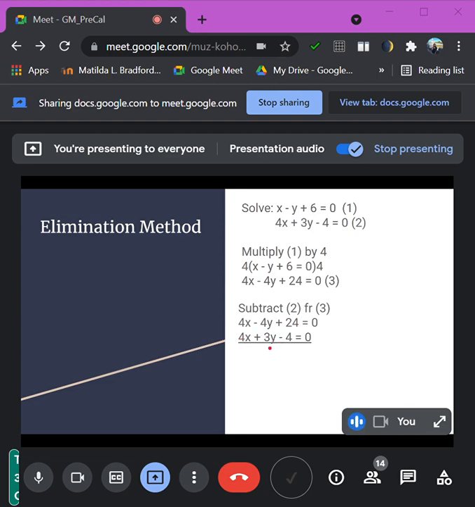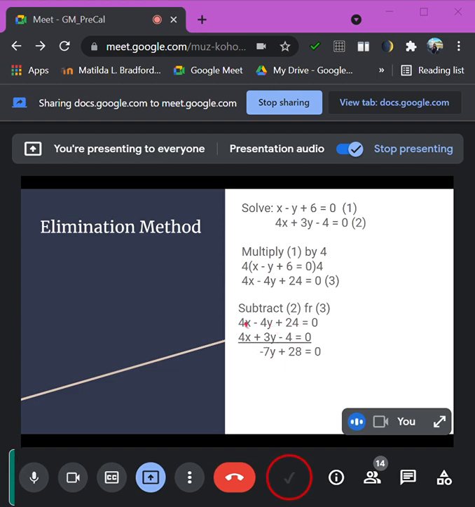Pila man ang negative 4 minus 3? That is negative 7y. And then this one, 24 minus 4, that is 28, is equal to 0. So, wala naman ni x, kay cancel naman, kay 4 minus 4, 0 man na siya. So, ari na kasi mong next, mong y.